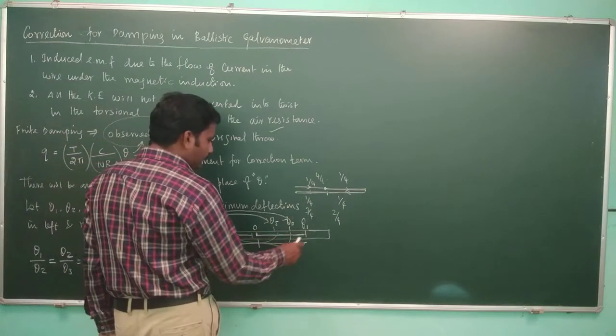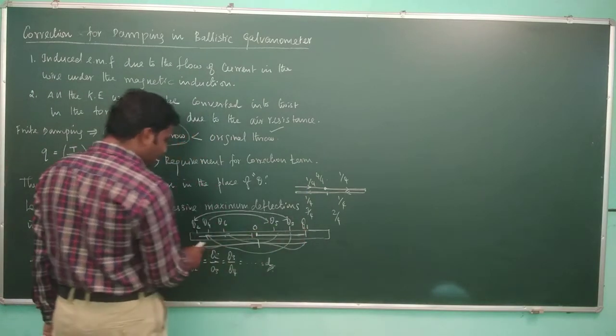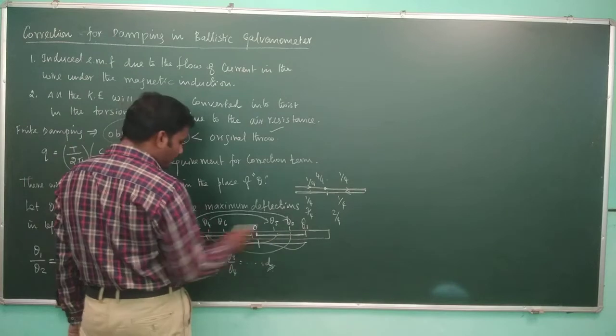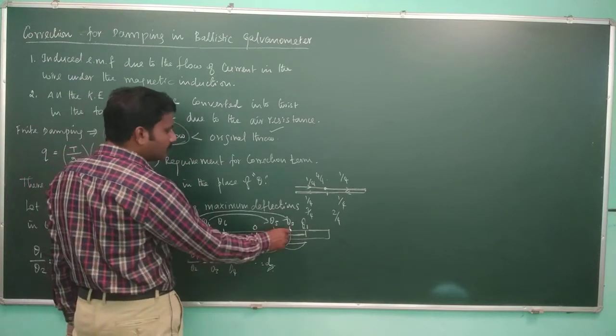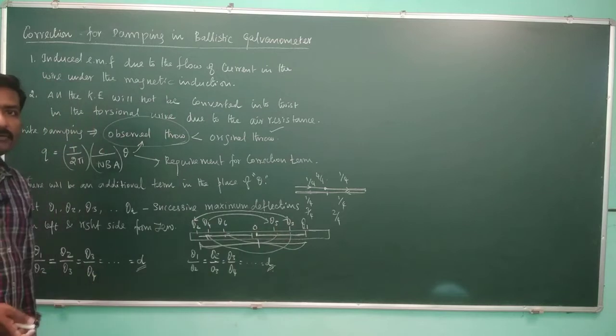In that way, theta 1 by theta 2 is half of the vibration. Similarly, theta 2 to theta 3 is another half of the vibration.